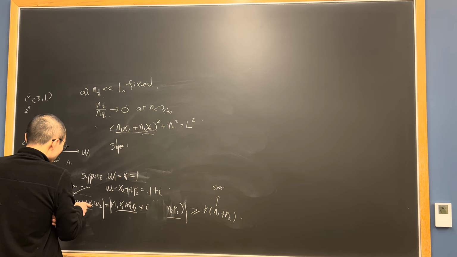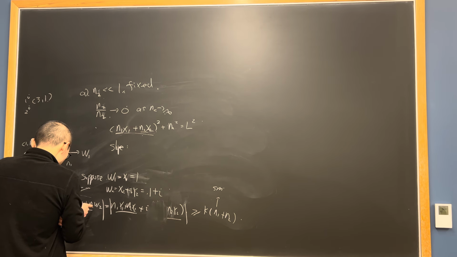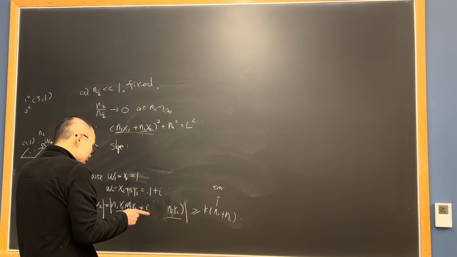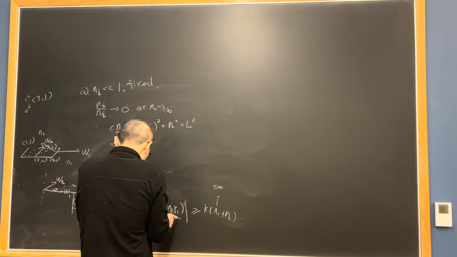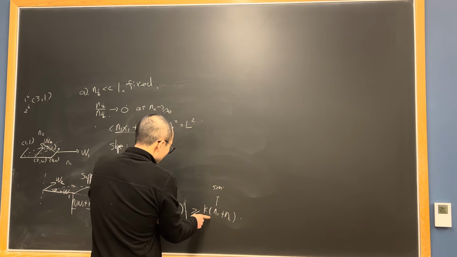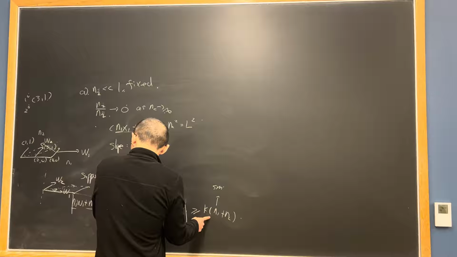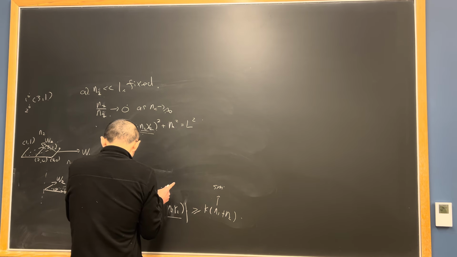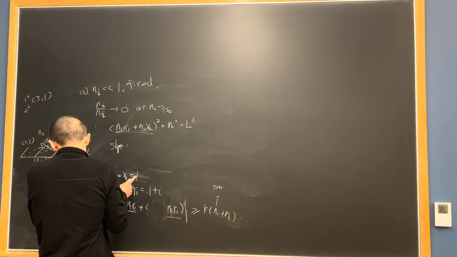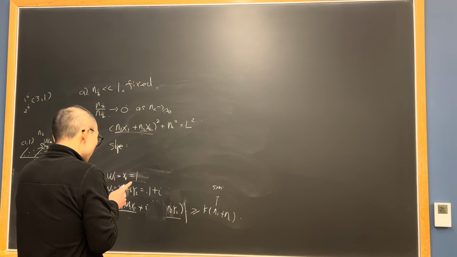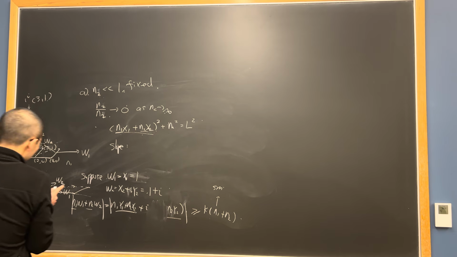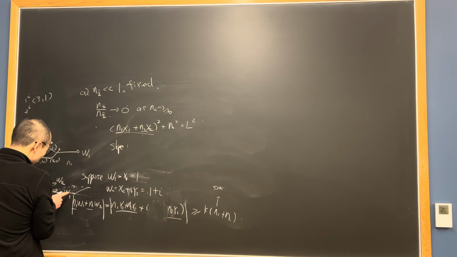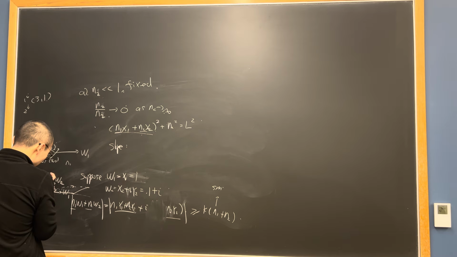So I'm comparing the hypotenuse. I want a lower bound for the hypotenuse relative to this n1 and n2.